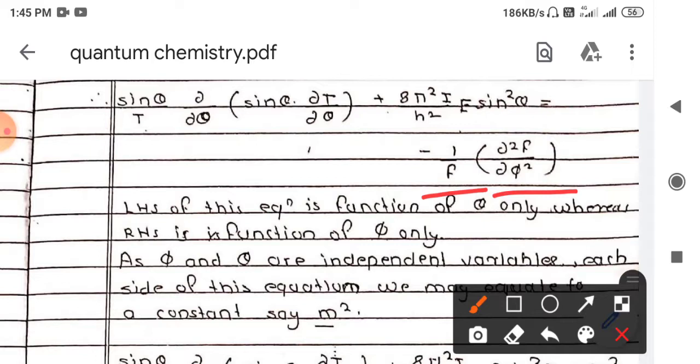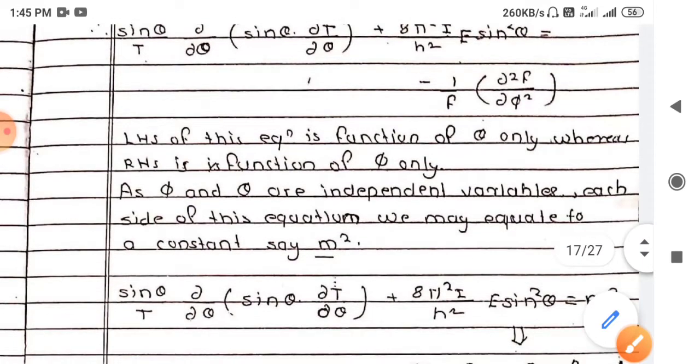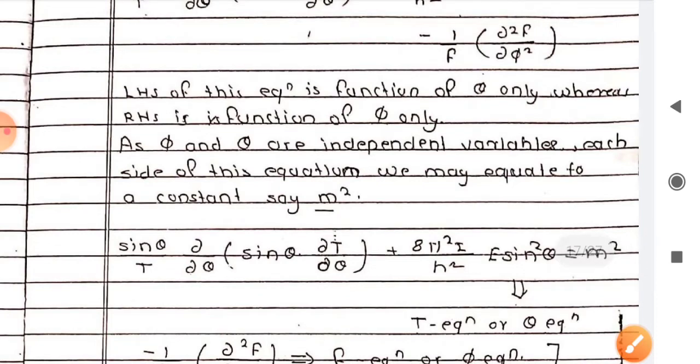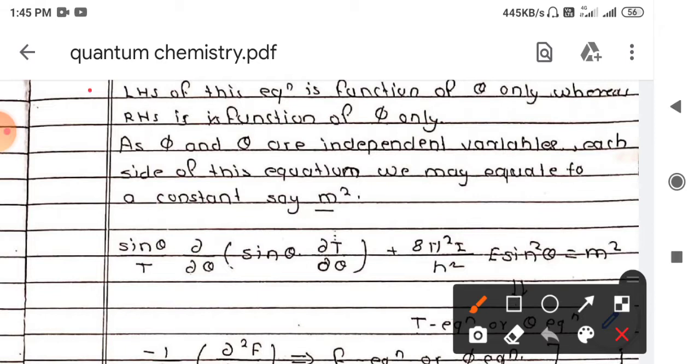In the above equation we can see that the left hand side is an equation in terms of theta, because there are no terms of F or phi. The right hand side is independent of theta and consists only of terms of F. So the two-variable equation has been separated into two one-variable equations. The LHS is a function of theta only, whereas the RHS is a function of phi only.